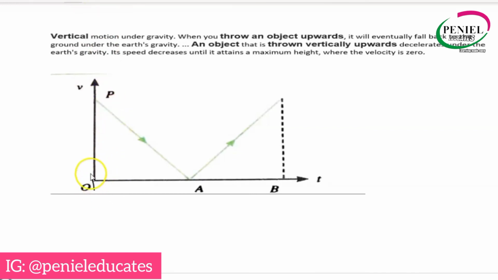So if the ball is thrown vertically upwards, the velocity decreases, and when it gets to the highest level, the velocity is 0. It decreases until it attains a maximum height, when the velocity becomes zero and the ball starts falling.